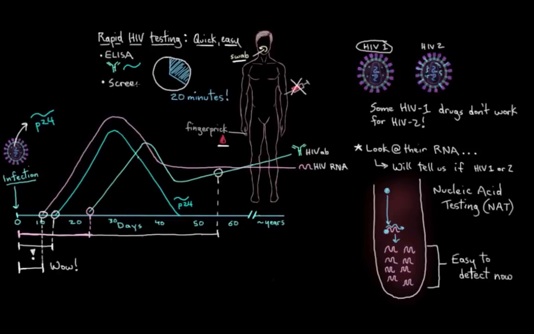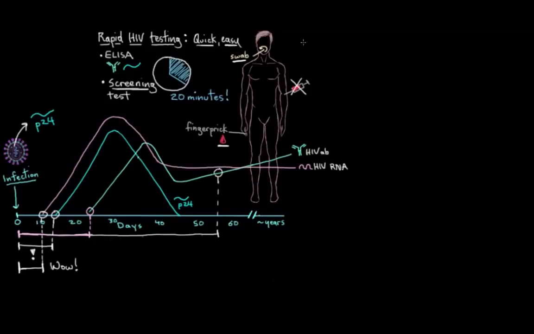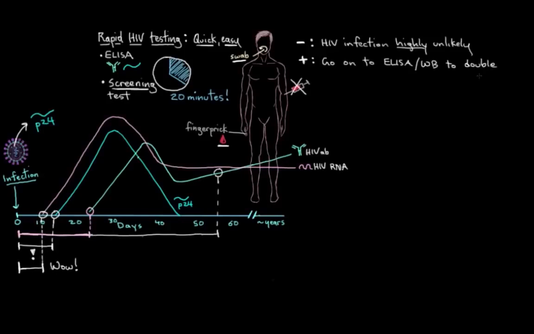So they're more of a screening test than a diagnostic test. In other words, they're really good at detecting true negatives, so if it comes up negative, it's highly likely that you do not have an HIV infection. But if they come up reactive or positive, then you'd have to go through the conventional diagnostic tests to confirm or deny these results, right? Just to make sure.